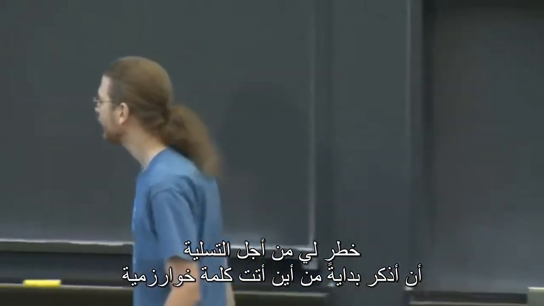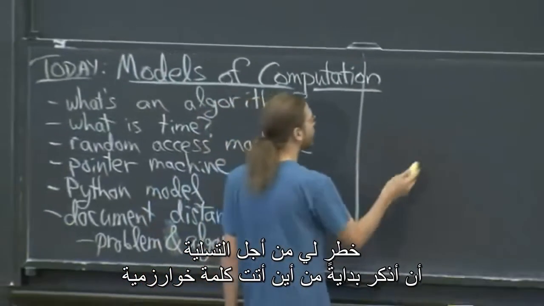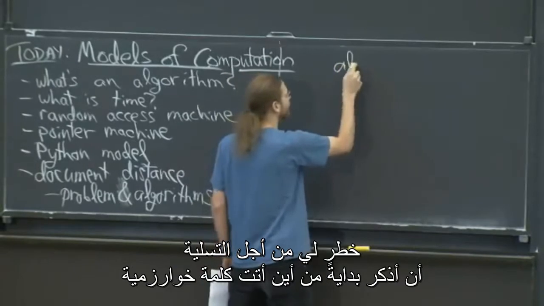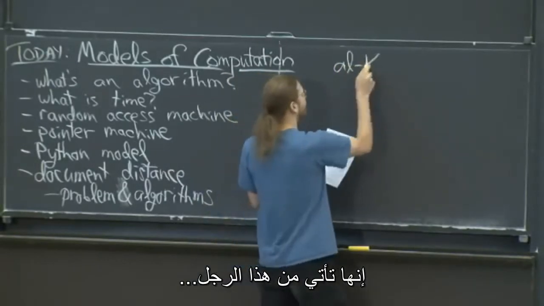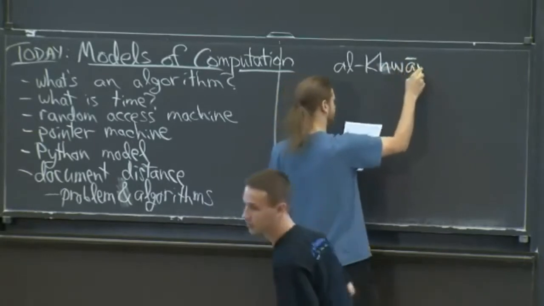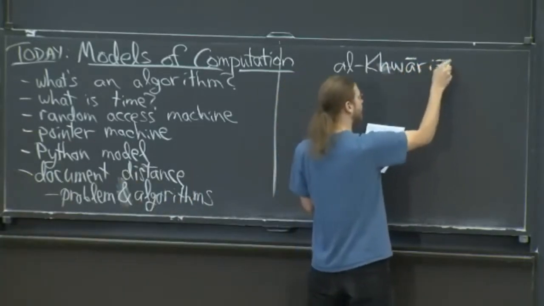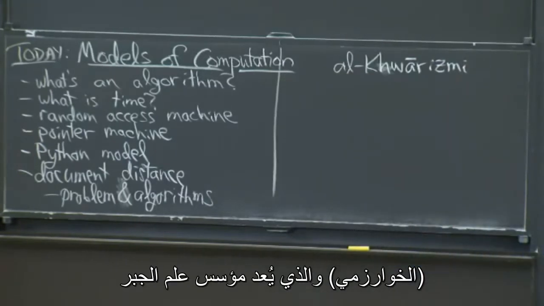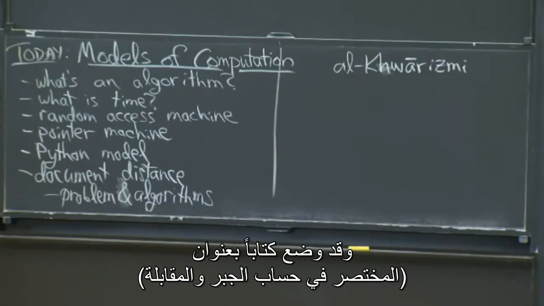For fun, I thought I would first mention where the word algorithm comes from. It comes from this guy, Al-Khwarizmi, who is sort of the father of algebra. He wrote this book called The Compendious Book on Calculation by Completion and Balancing back in the day.